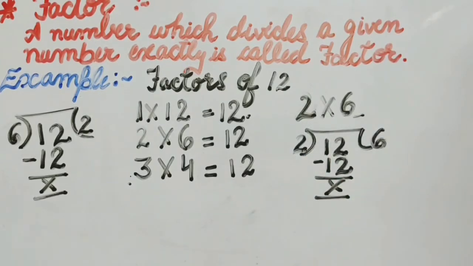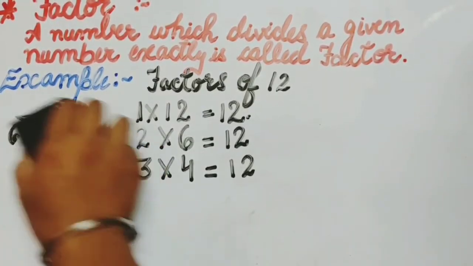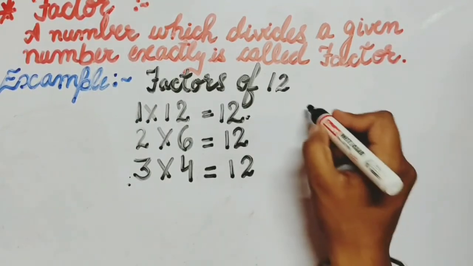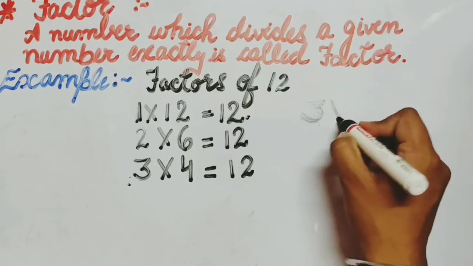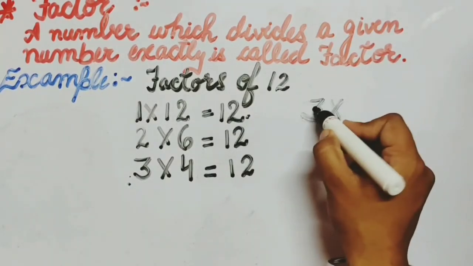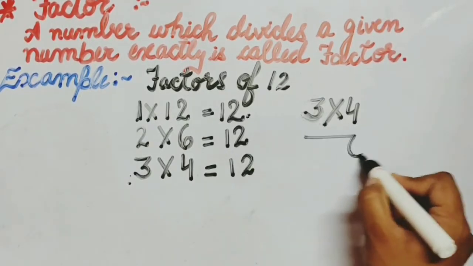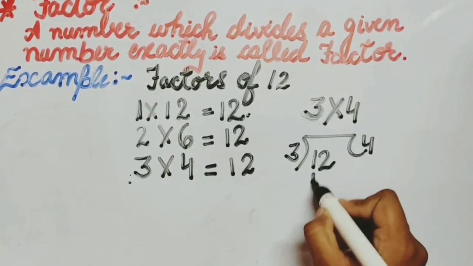Now let's come to the third pair. The third pair is 3 multiply 4. Let's divide the product by each factor. 3 4s are 12.